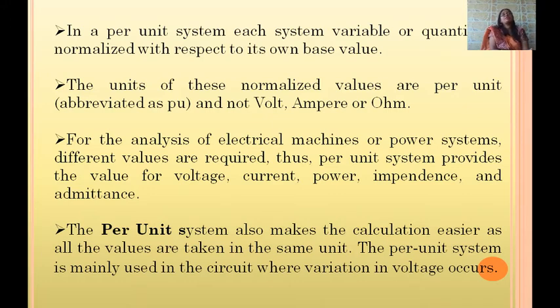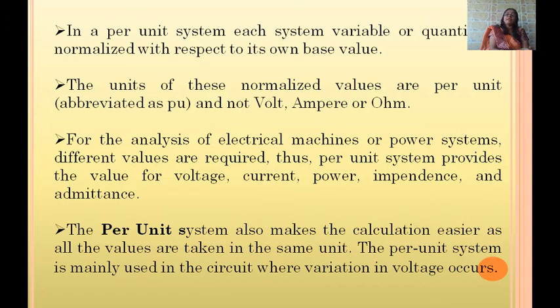One base value is considered, and depending upon that base value, this quantity or variable is normalized. The unit of these normalized values is per unit, abbreviated as PU, not in volt, not in ampere, or not in ohm.